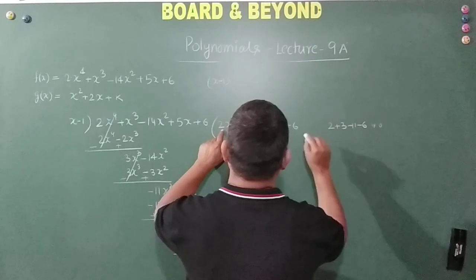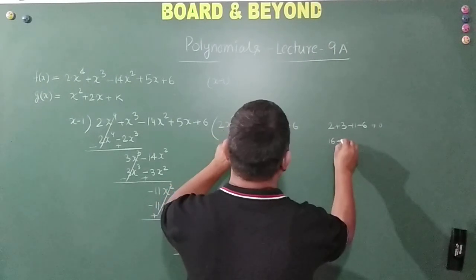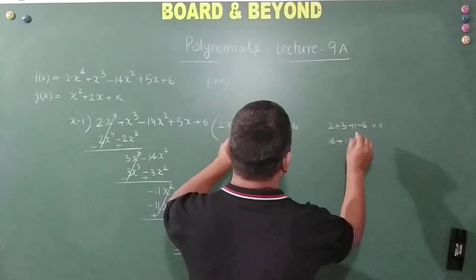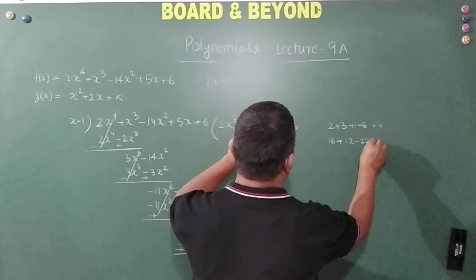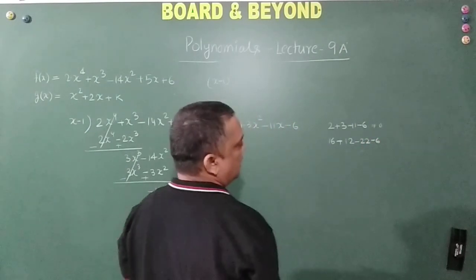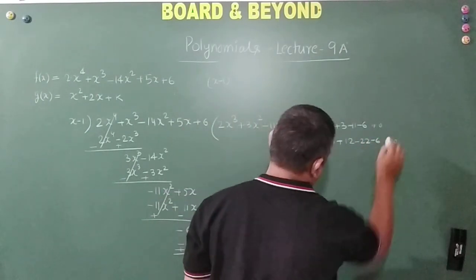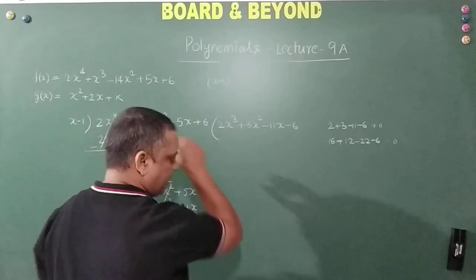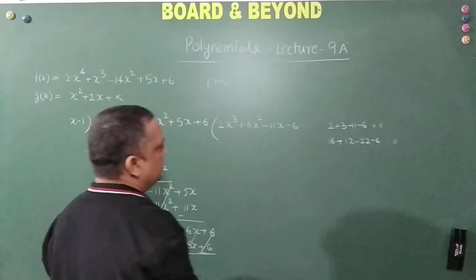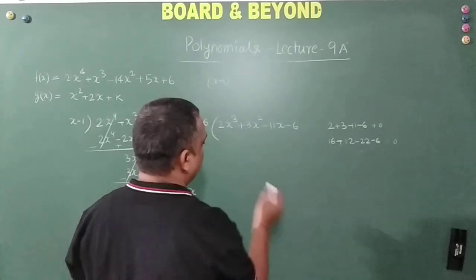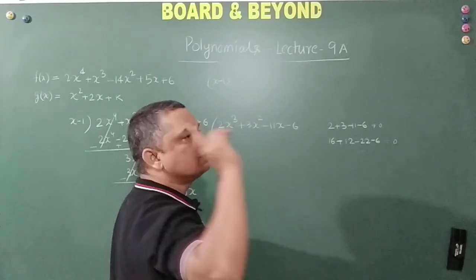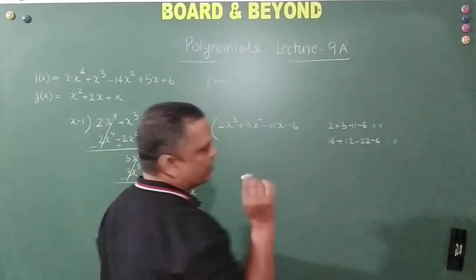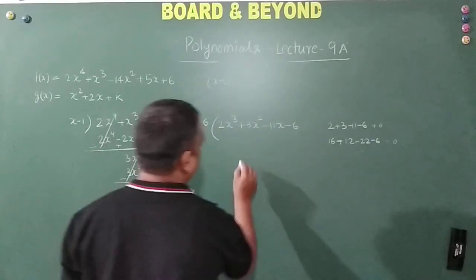This becomes 2 into 8, that is 16, plus 12 minus 22 minus 6. Yes, 0. So x is equal to 2 is a root of this cubic polynomial, and x minus 2 is a factor of this polynomial.